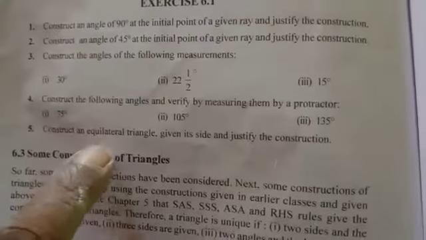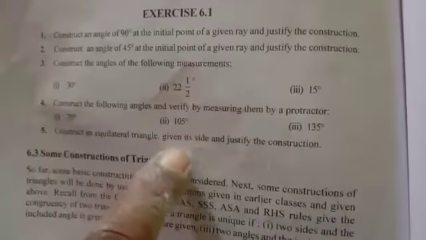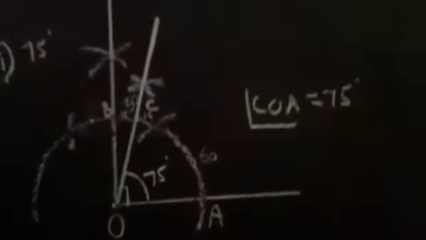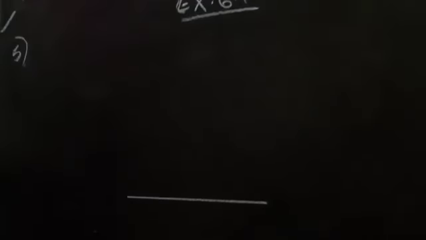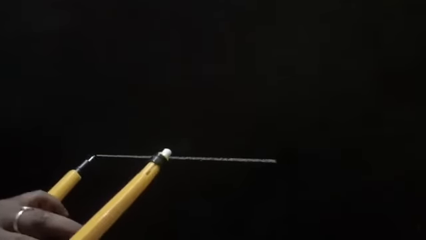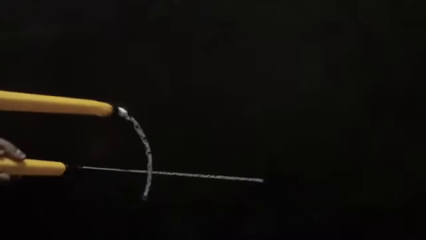Fifth question now. Construct an equilateral triangle given its side and justify the construction. We'll draw some length of the line, then we have to take 60 degree at both the corners.